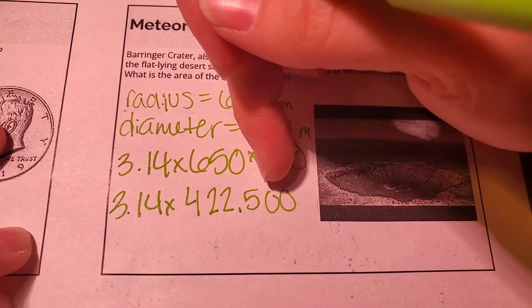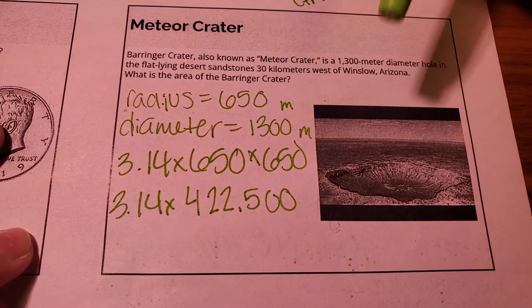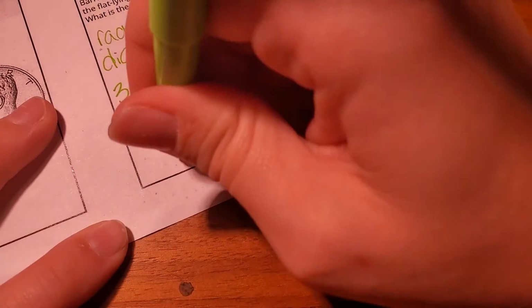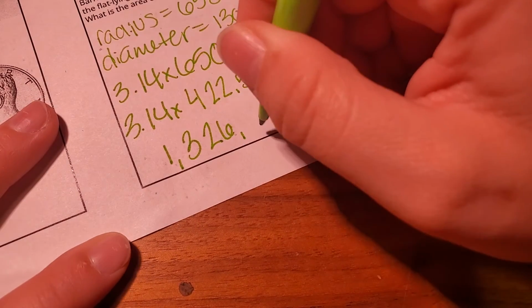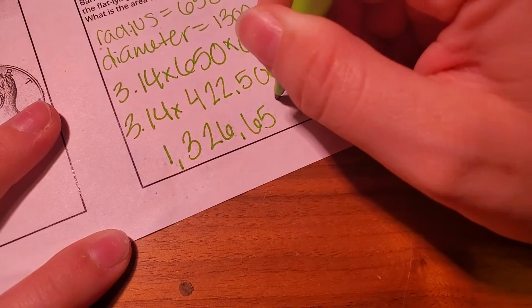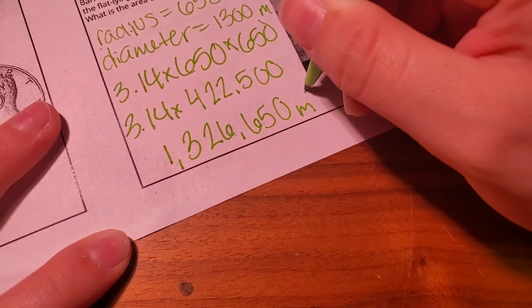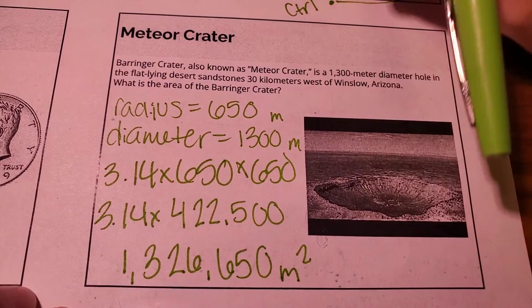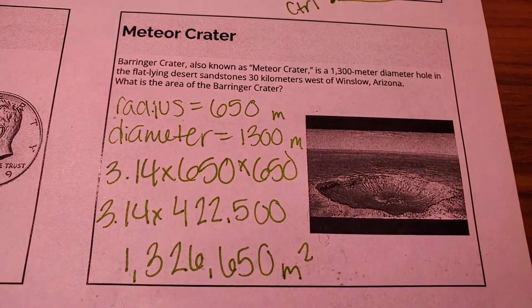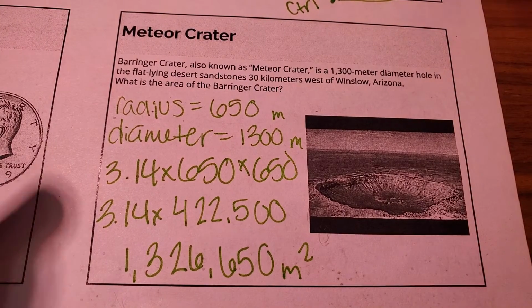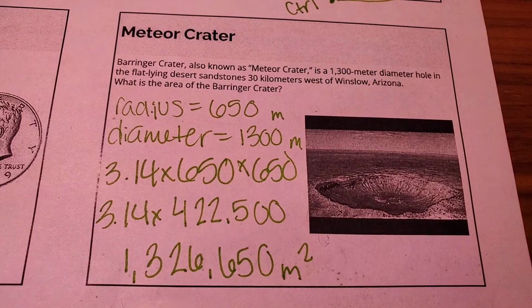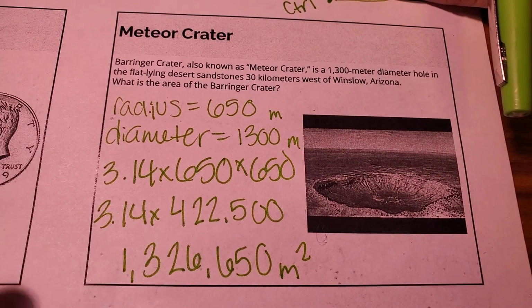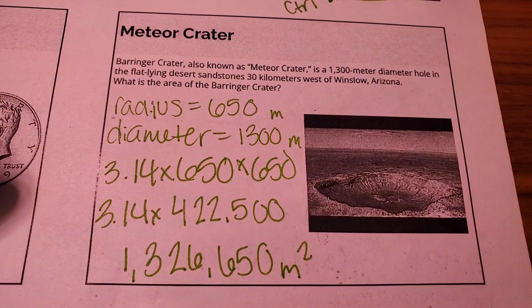Now, when we multiply these together, we're going to get an answer in the millions. 1,326,650 meters squared. Hello, hair. Okay, so yes, very massive. Very, very big. And that's it. That's all we had to do. Pretty quick, pretty painless.